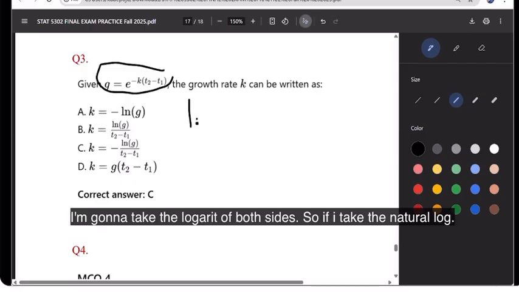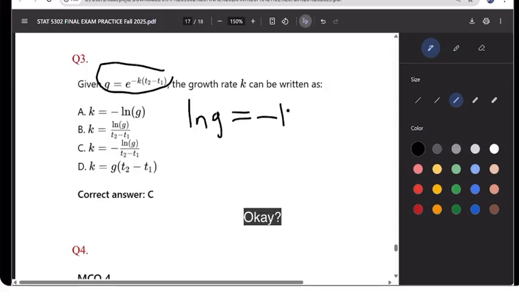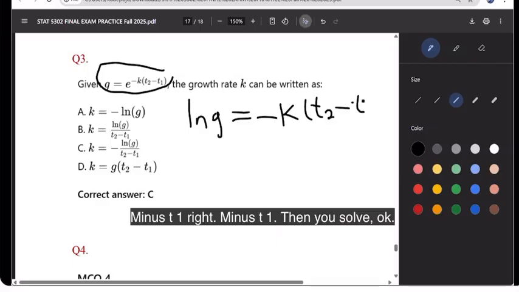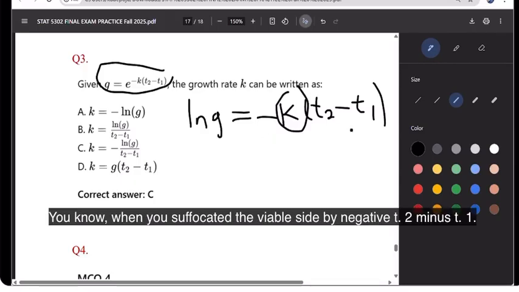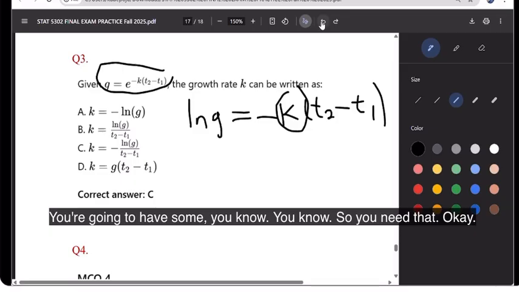If I take the natural log, that will be the natural log of G equal to negative K times (T2 minus T1). Then you solve for K: divide both sides by negative (T2 minus T1), and automatically that is going to be C. So I think you're going to have some mathematics, so you need that.